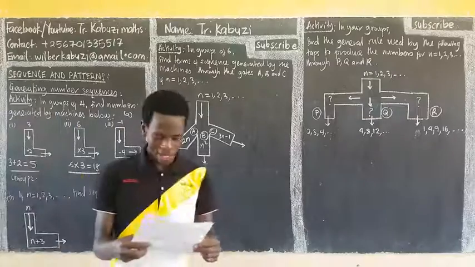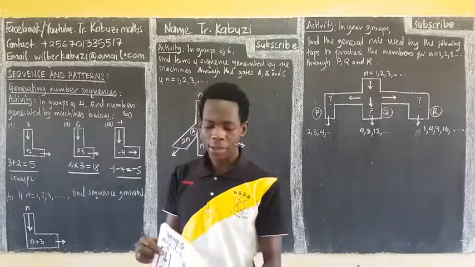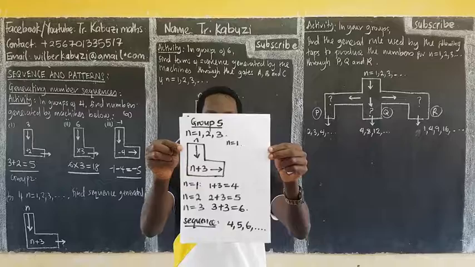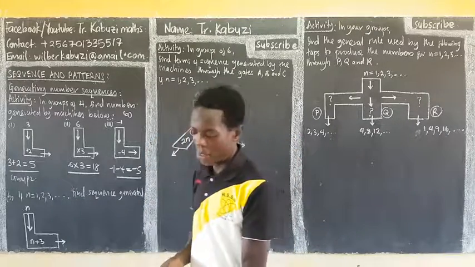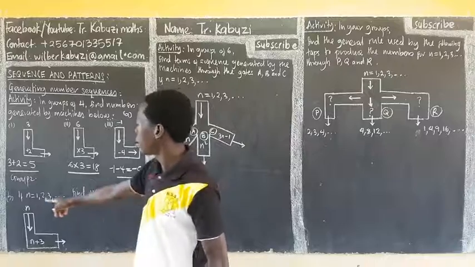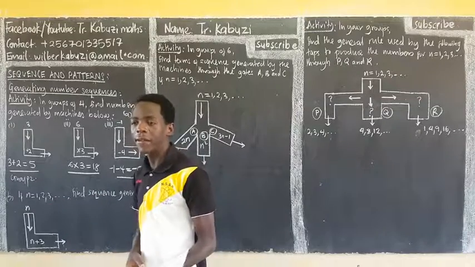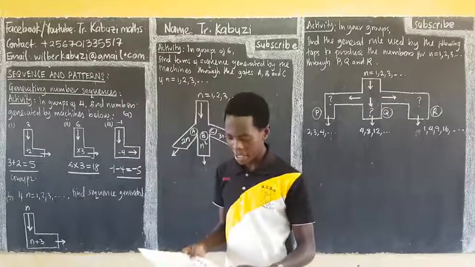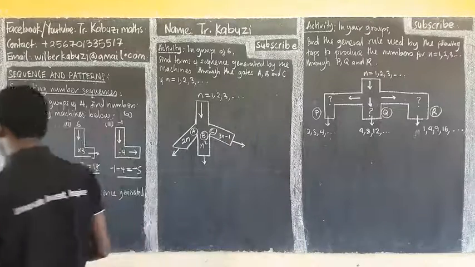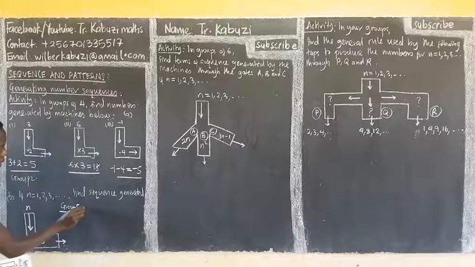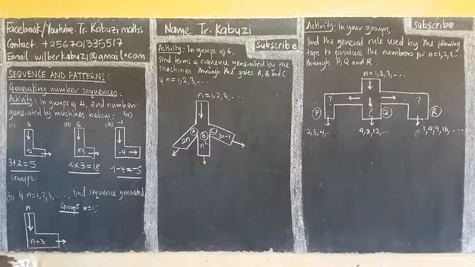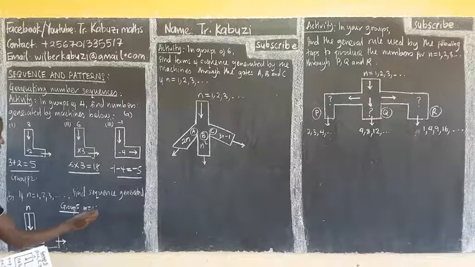Now let me use group 5. So here is what we have in group 5. This is how they presented their writings here. They said n is equal to 1, 2, 3, find the sequence. Now to find the sequence, we first get the terms. What they did, when n is 1, they substitute 1 there.